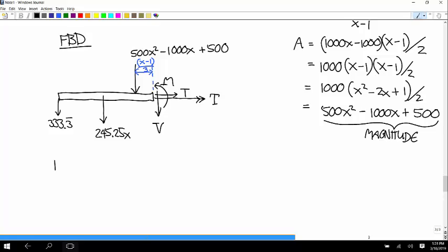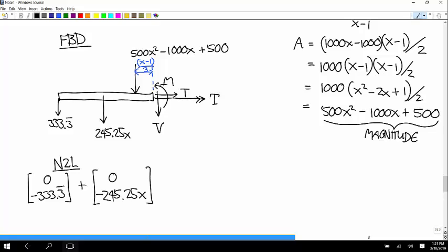Okay, so Newton's second law says 0, -333.3 repeating plus 0, -245.25x plus 0. And then here's what I was saying about this being a magnitude. This is a downward force with a magnitude that's equal to that polynomial function.